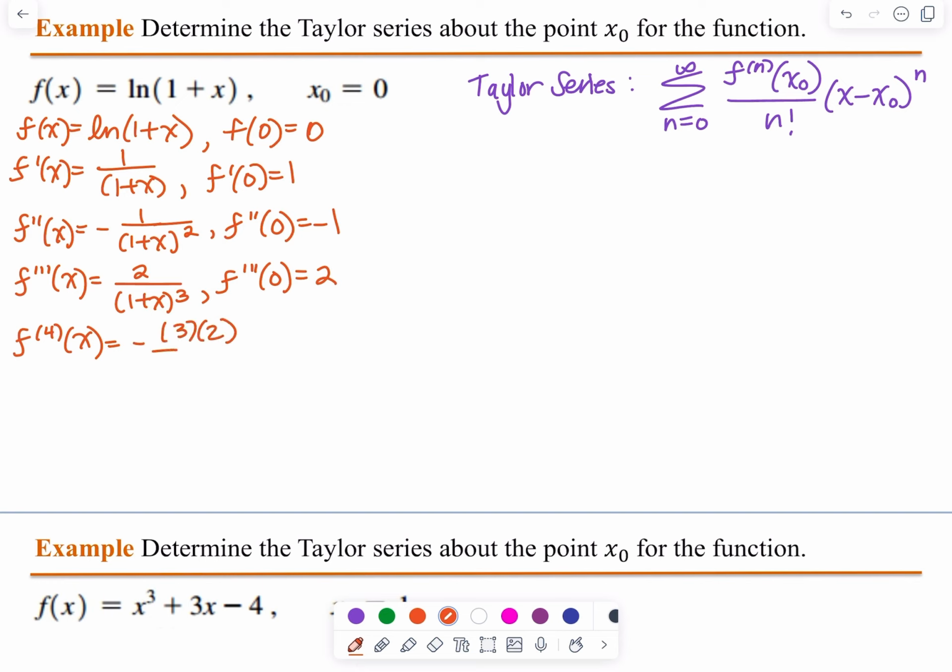You can see a factorial happening there in the numerator, divided by 1 plus x to the 4th power. And we evaluate the fourth derivative at 0, and that's going to be equal to negative 6. Okay, so we're going to be looking for a bit of a pattern here.